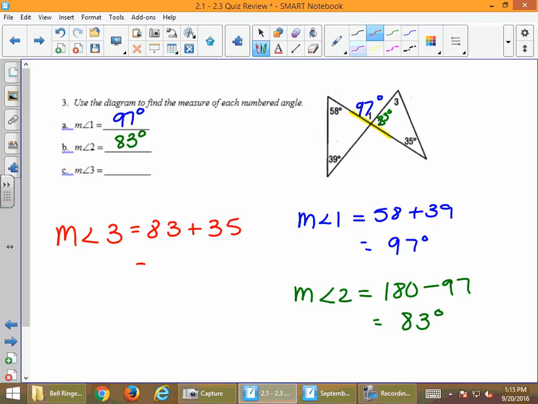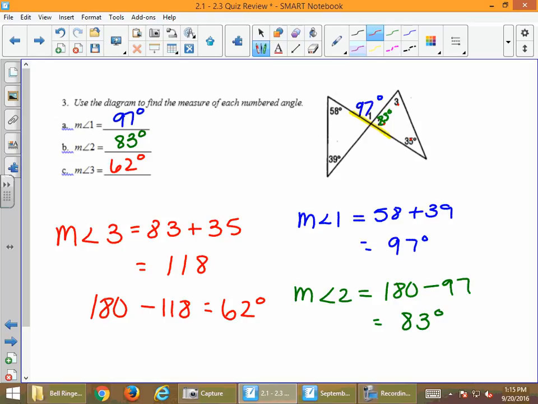What is 83 plus 35? 118. And then we do 180 minus 118, and that gives you what? 62. Perfect. 62 degrees. Because all three angles of a triangle add up to what?